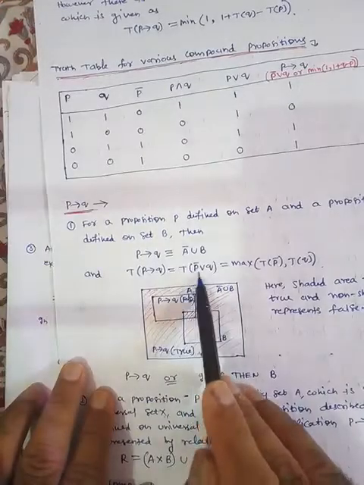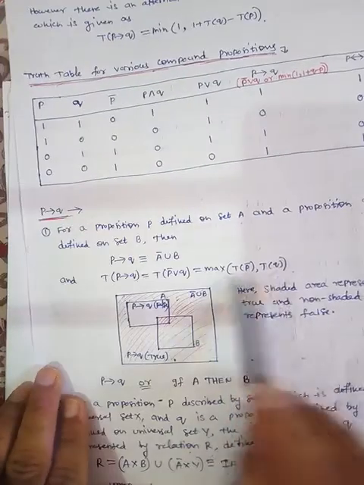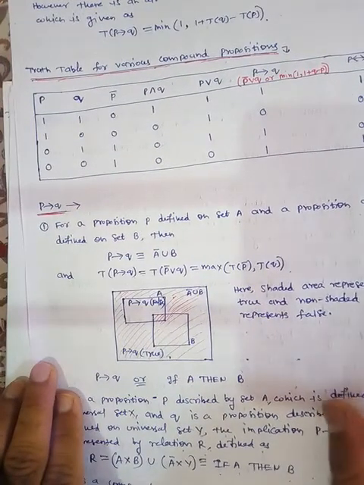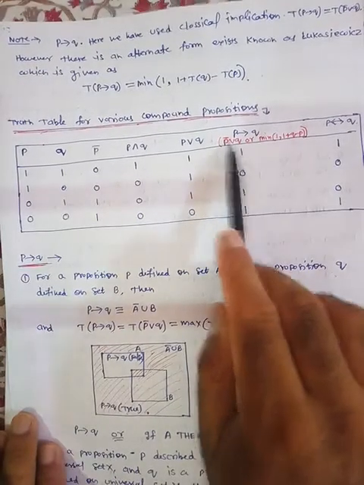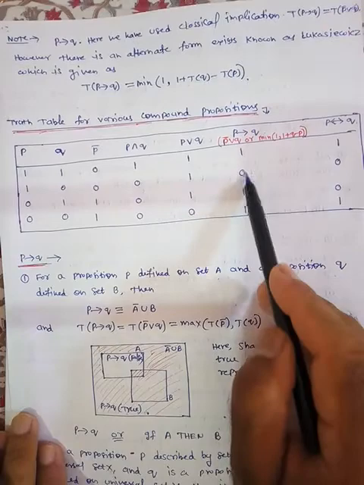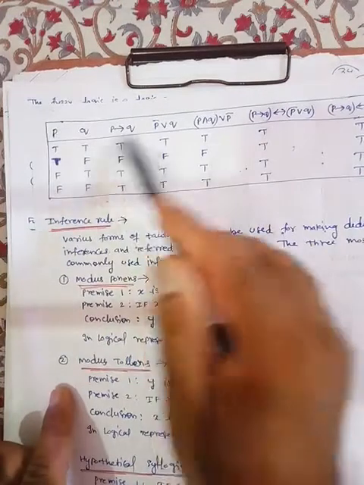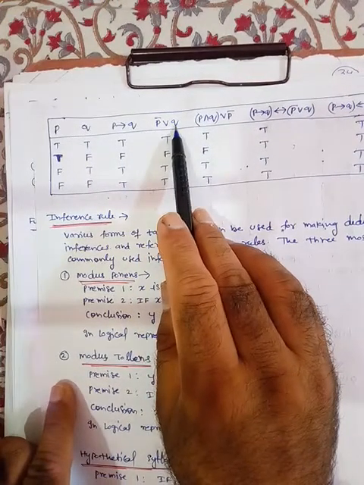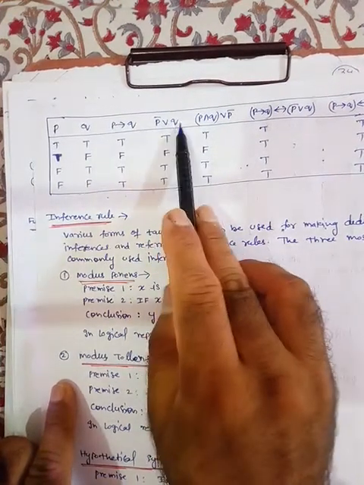P implies Q, 1 0 1 1. So that's why this is evaluated.